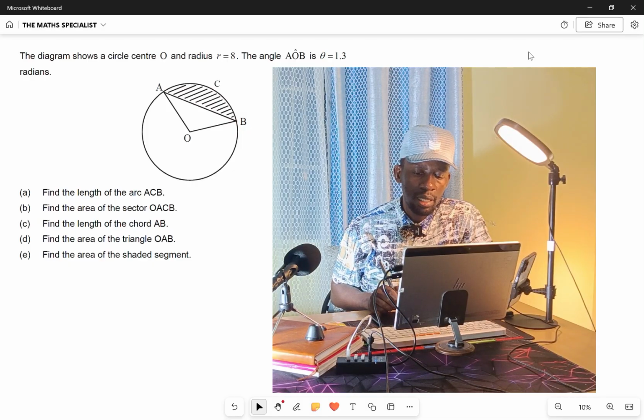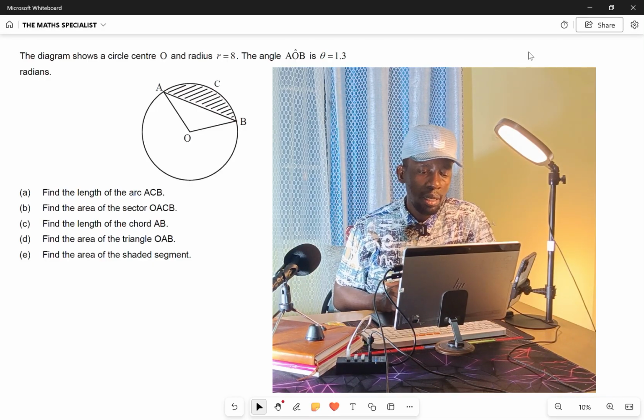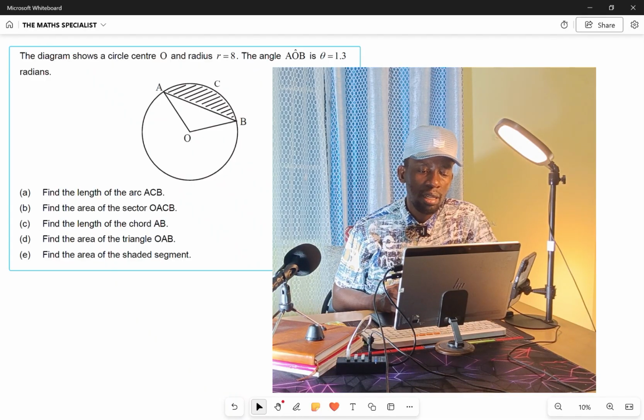So this implies that 1.3 is in radians. Part A of the question asks you to find the length of an arc AB.